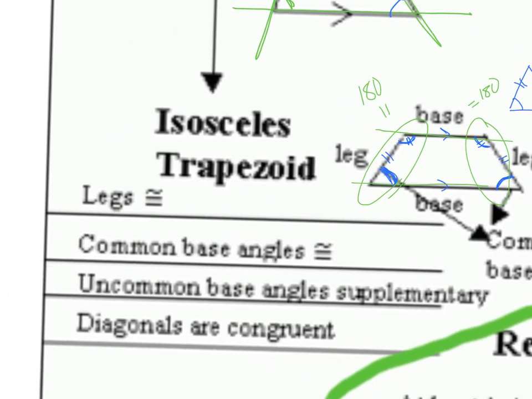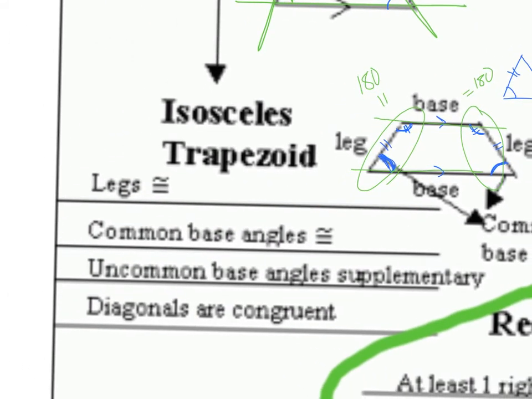Same thing over here, that's also going to equal 180. So just keep that in mind. So we got the legs are congruent, we went through that. The common base angles are congruent, we got through that. And then uncommon base angles are supplementary. So those are the ones that I circled in green. Those are supplementary. And then the last one is that the diagonals are congruent.